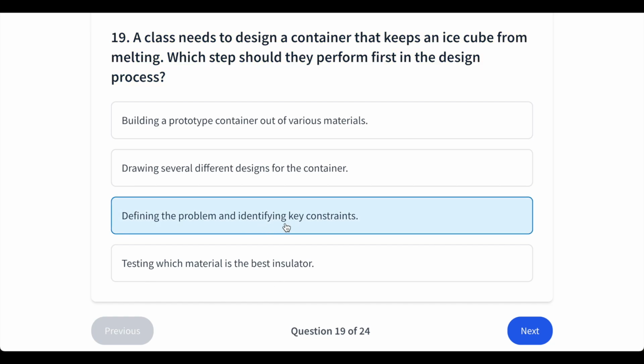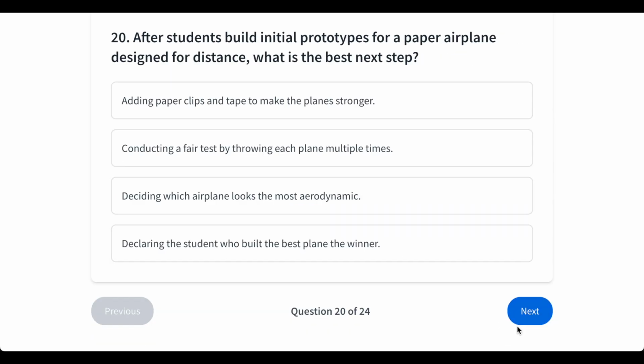Defining the problem and identifying key constraints will be the best answer of this list, because the very first step in engineering and the design process is to have a clear understanding of the goal and the limitations. All right, let's go on to question 20.